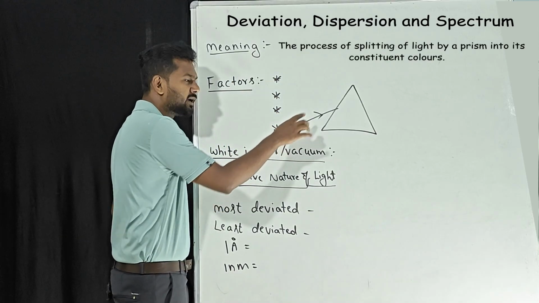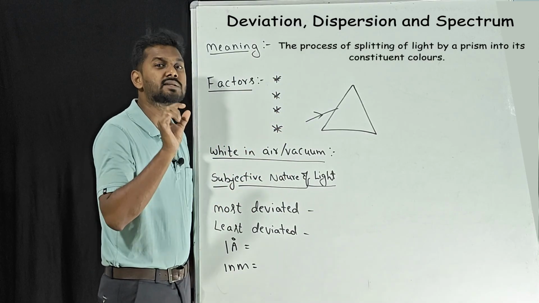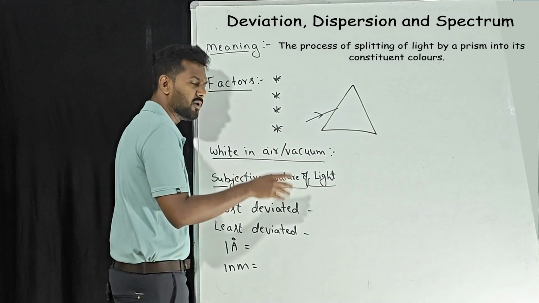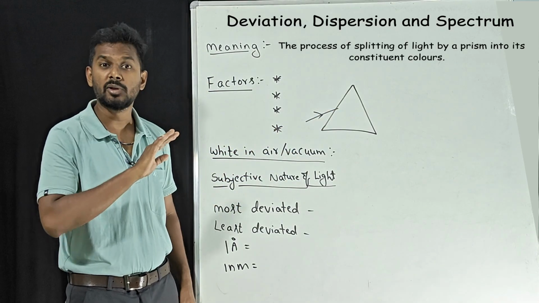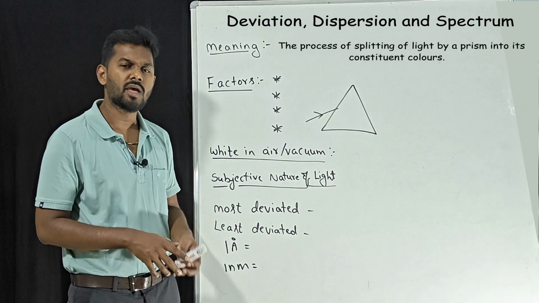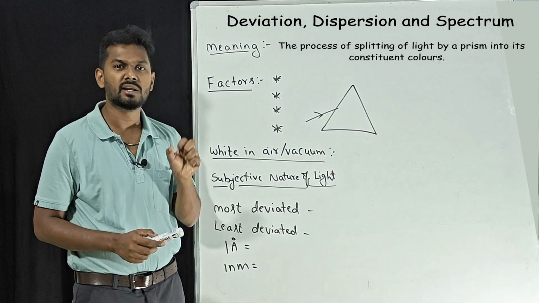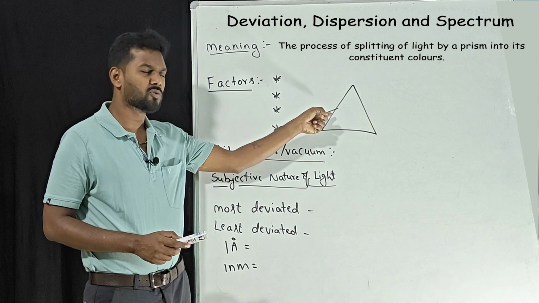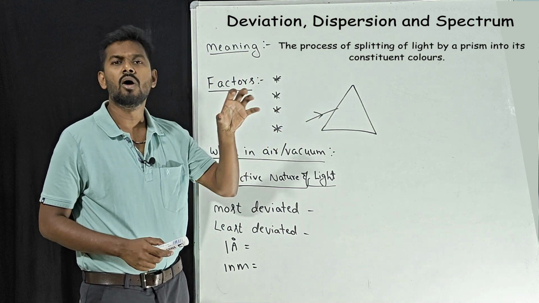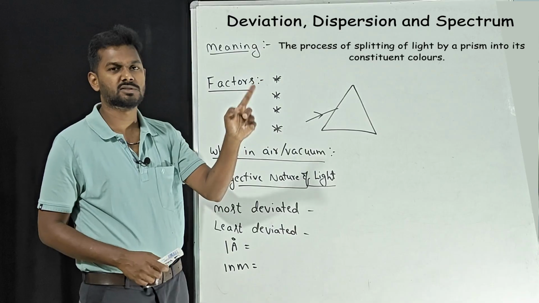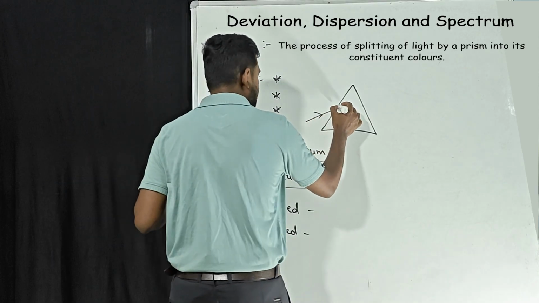Now what do you mean by monochromatic? Single color. If a single color is passed through a prism, there will be no splitting of light, there will be no dispersion. So white light is polychromatic in nature. That means it has many colors inside it. When it is passed through a prism, it will split into many colors. This splitting process is considered as dispersion.